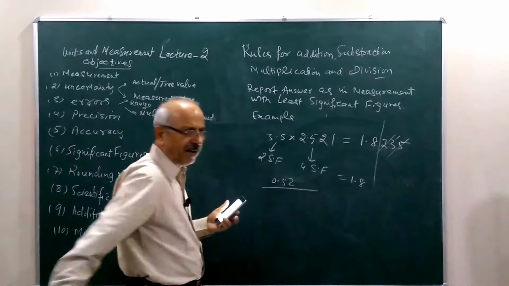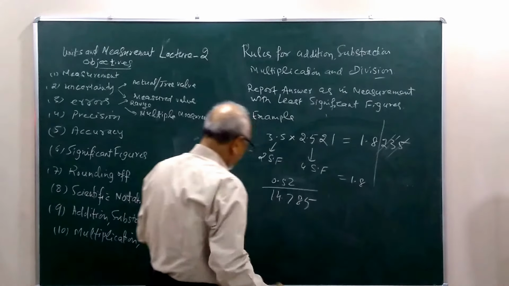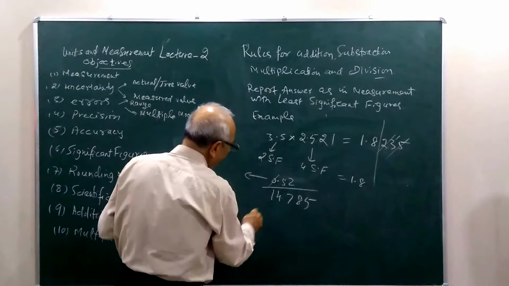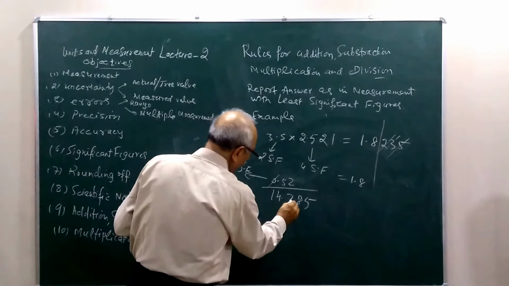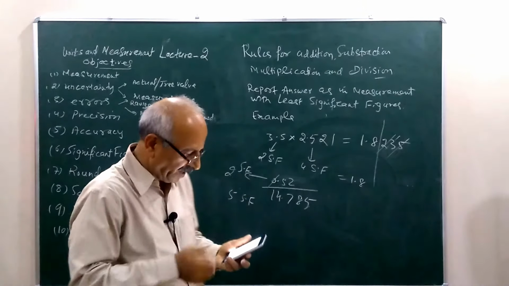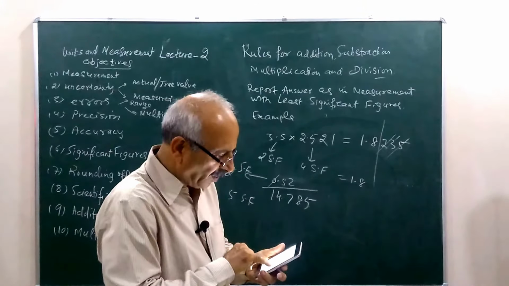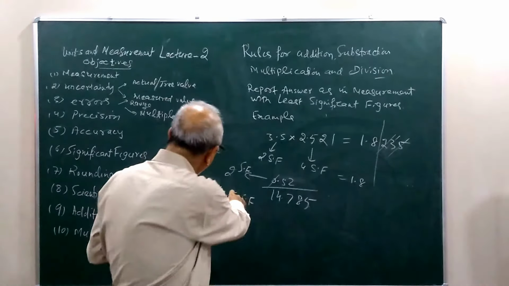Now I am going to make a division. 0.52, if I divide by 14.785, this has 2 SF. This has 1, 2, 3, 4, 5 SF. So the answer should be reported in 2 SF.